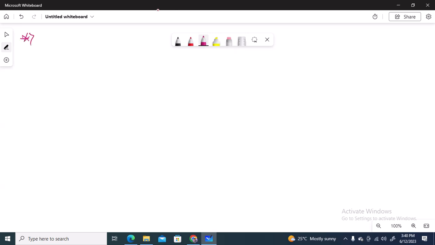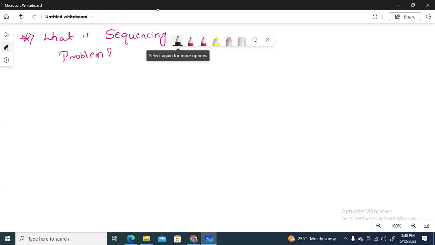So first important thing is, what is sequencing? What is a sequencing problem? The answer is very simple. In daily life also we use the word sequence, and especially those who are familiar with mathematics already know sequence.